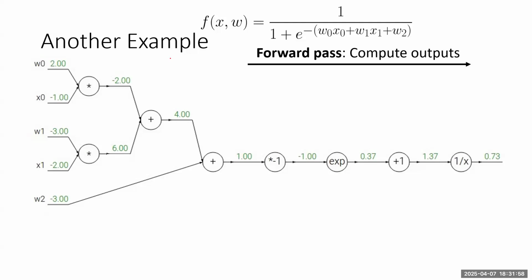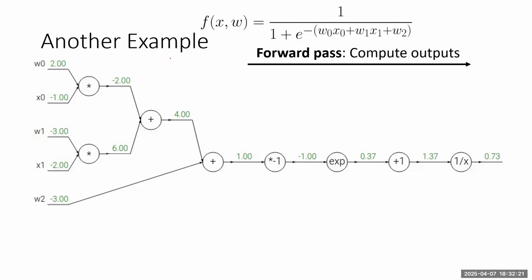So for this example, I have W0 equals 2, -1, -3, -2, -3. If you calculate the forward path, those are the calculated values. You can double check them if you like.